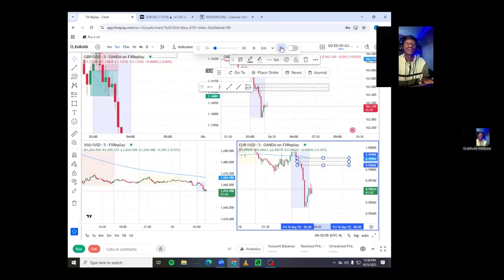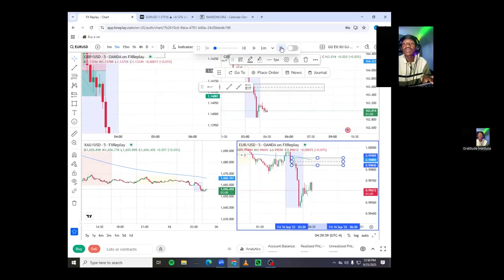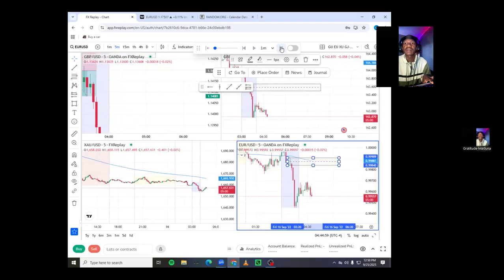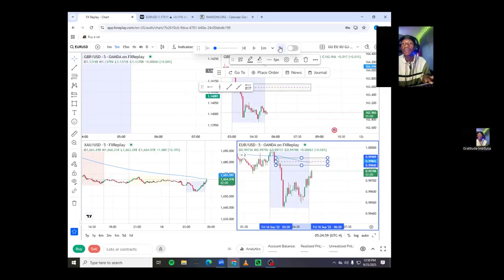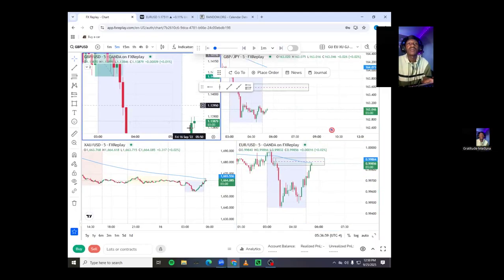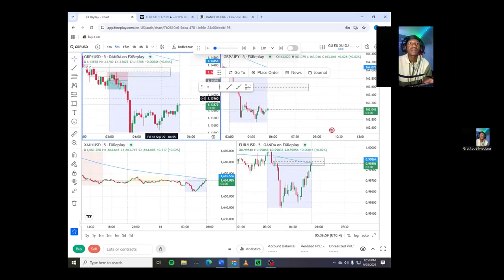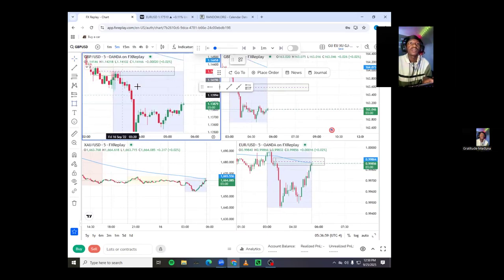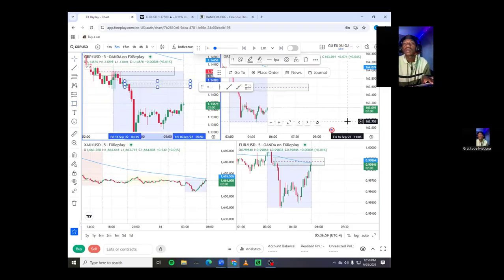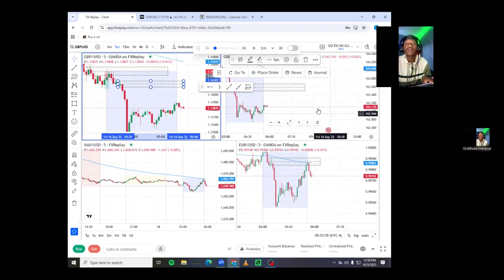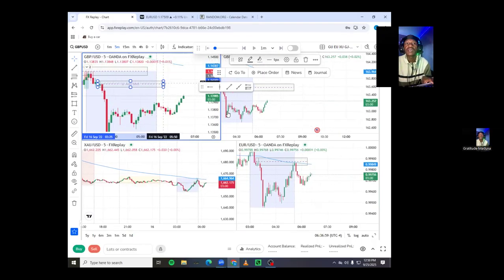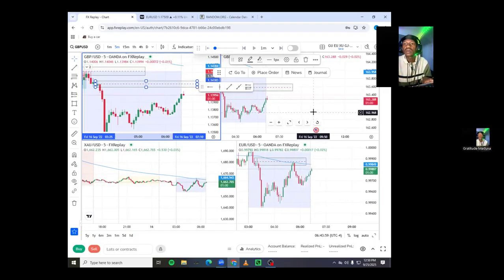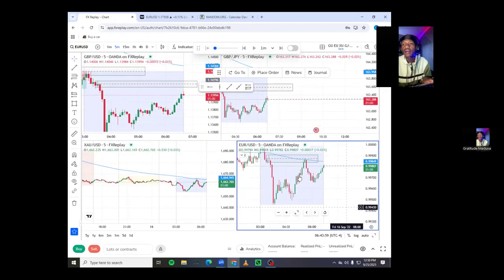I'm just gonna fast forward this quicker so we can move quickly. We're still in the London session, so we are still going to be checking these pairs out. On GBP USD again, we have the zone, so we want to see how price behaves in those zones. I think we missed this entry.